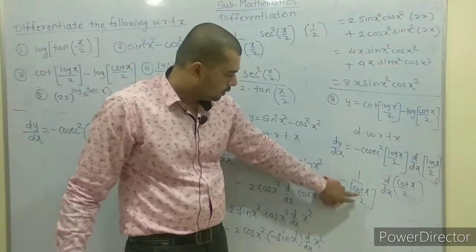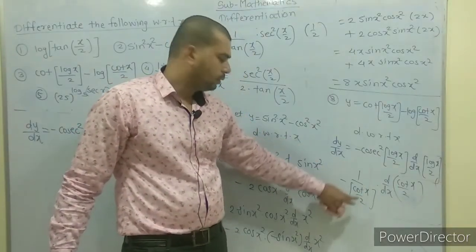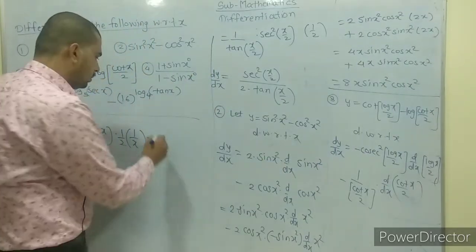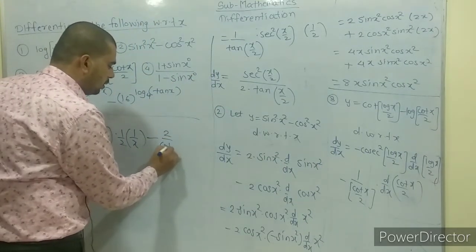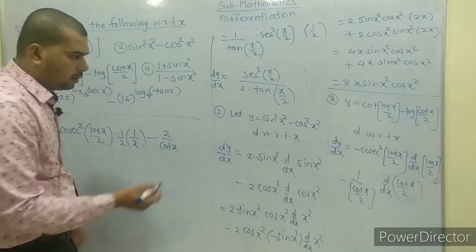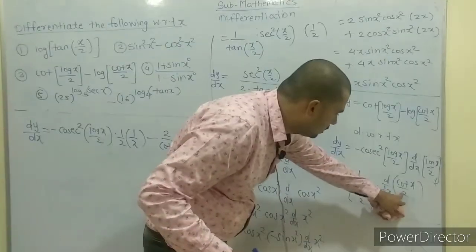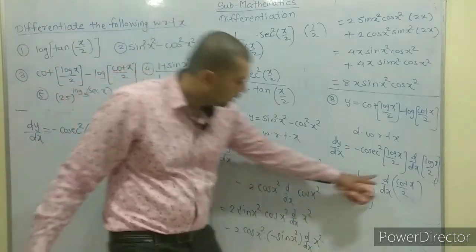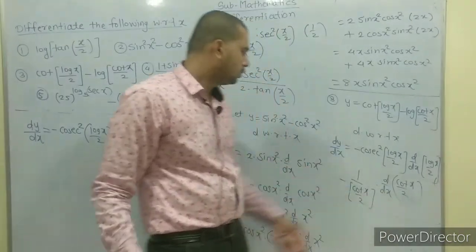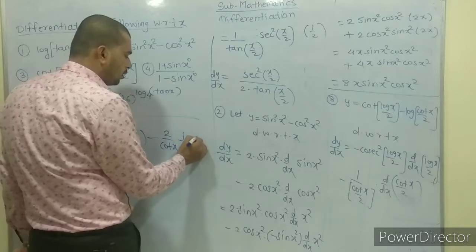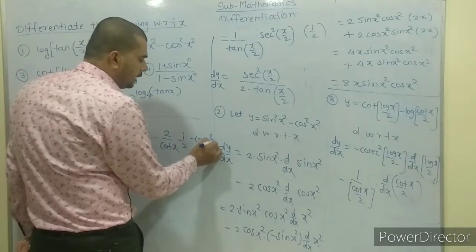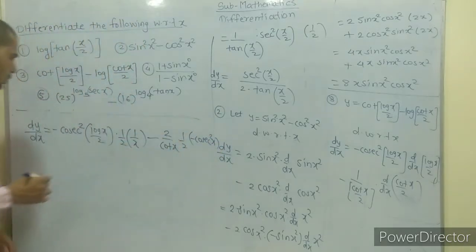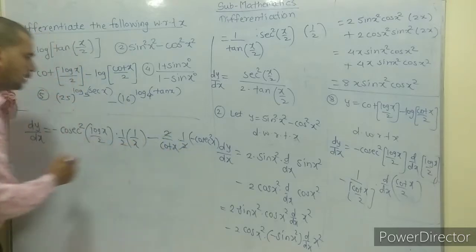When we convert this into numerator, we get 2 upon cot x. This 1 by 2 is a constant, we take out 1 by 2 into 1 by 2, and dy by dx of cot x, here also minus cosec square x. This 2 and this 2 get cancelled. Then what do we get?